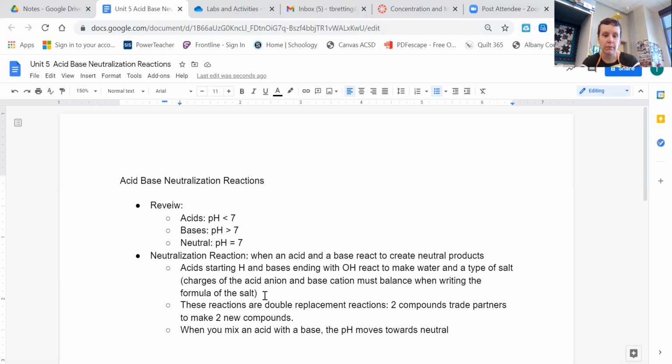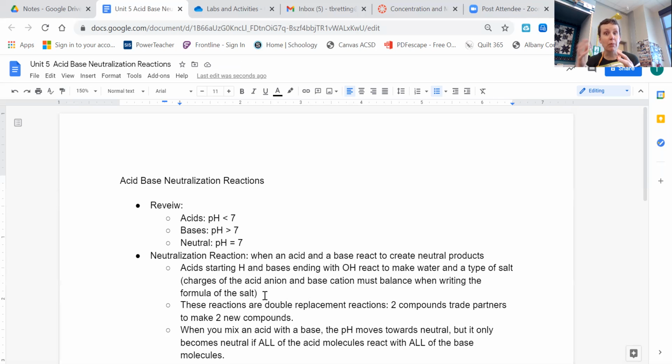Okay, but it only becomes neutral if all of the acid molecules react with all of the base molecules. So if you have exactly the same number of acid molecules as you have base, they are going to make all 100% neutral substances when they react.